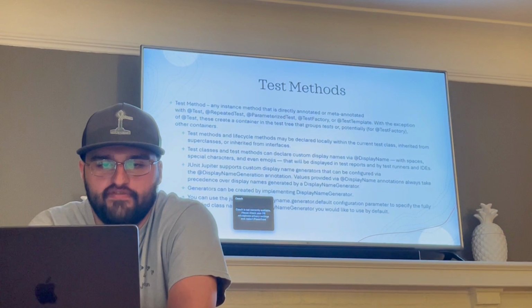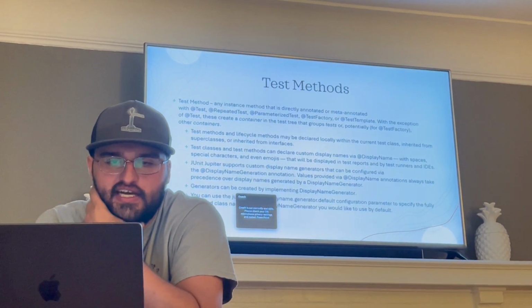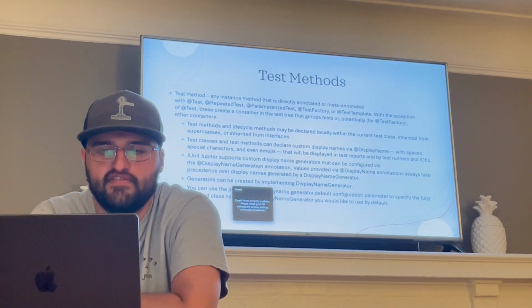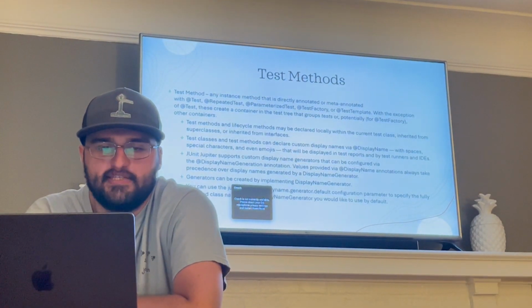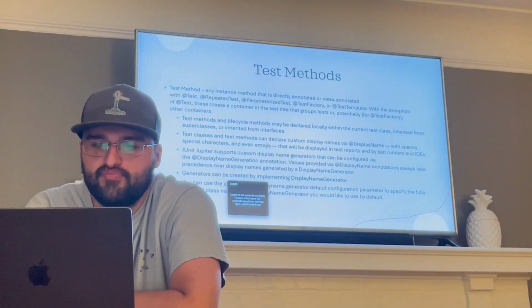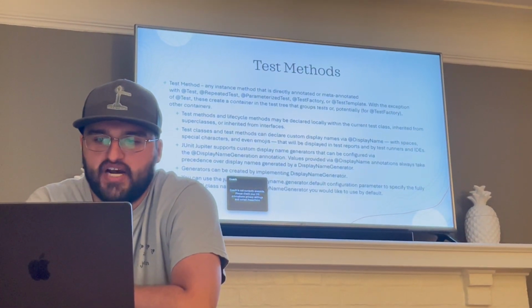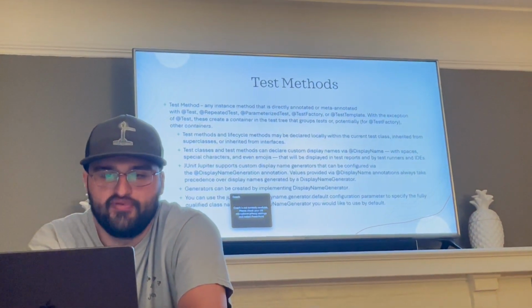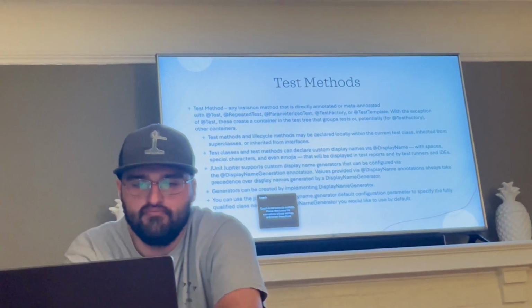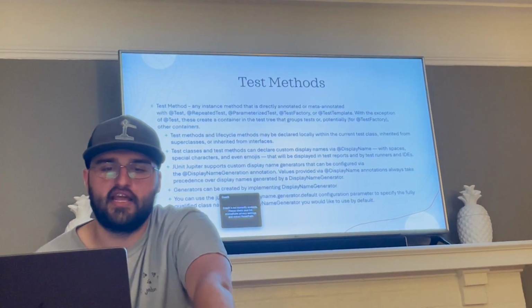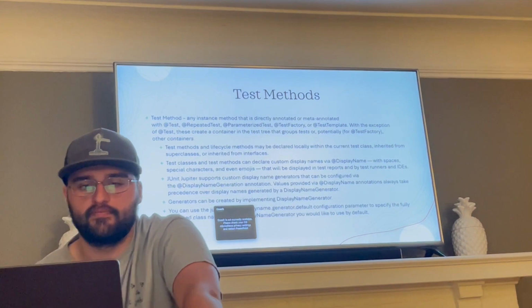Test classes and test methods can declare custom display names via @DisplayName with spaces, special characters, and even emojis that will be displayed in test reports and by test runners and IDEs. JUnit Jupiter supports custom name generators that can be configured via the @DisplayNameGeneration annotation.